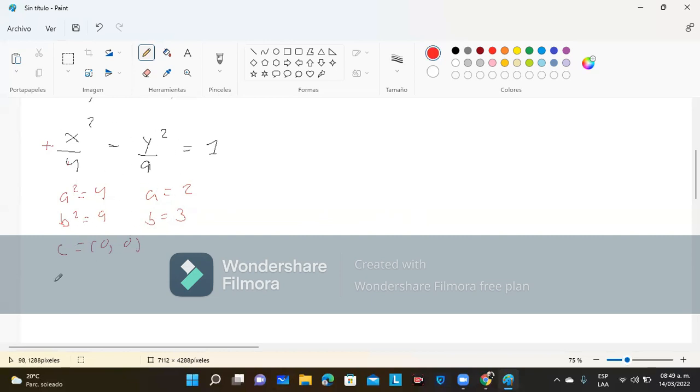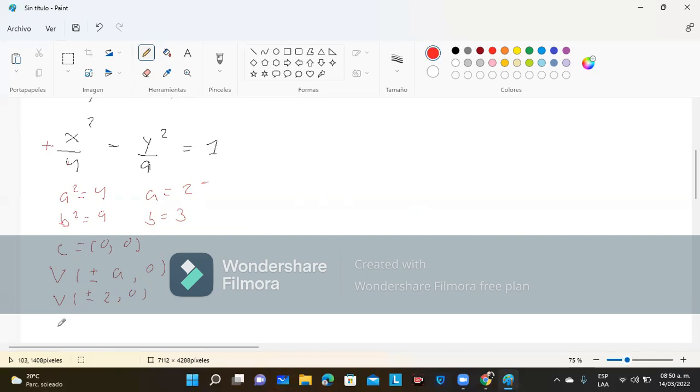Now we need to identify the vertices. The vertices are plus or minus a, comma 0, so the vertices are plus or minus 2, comma 0, because a is 2.